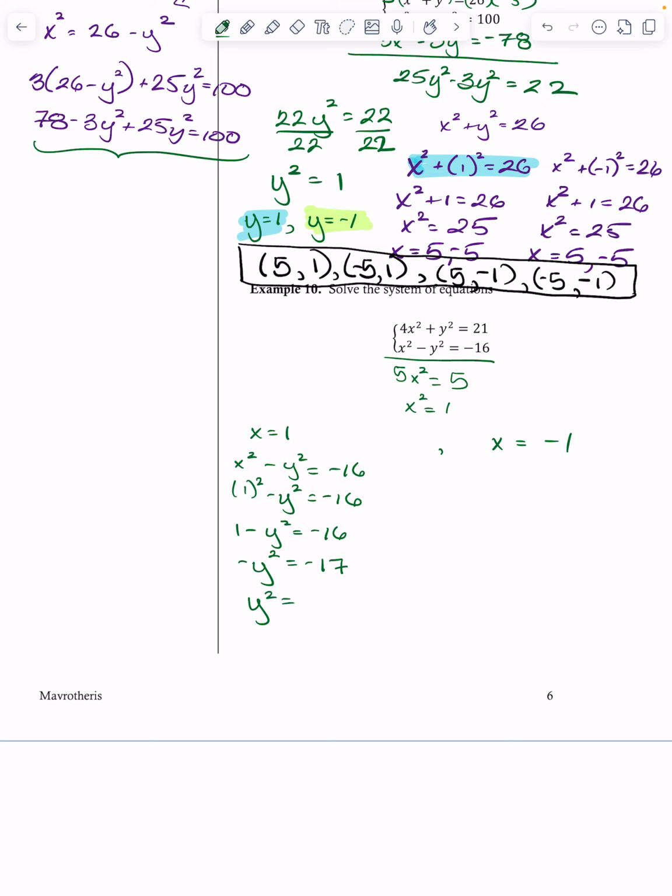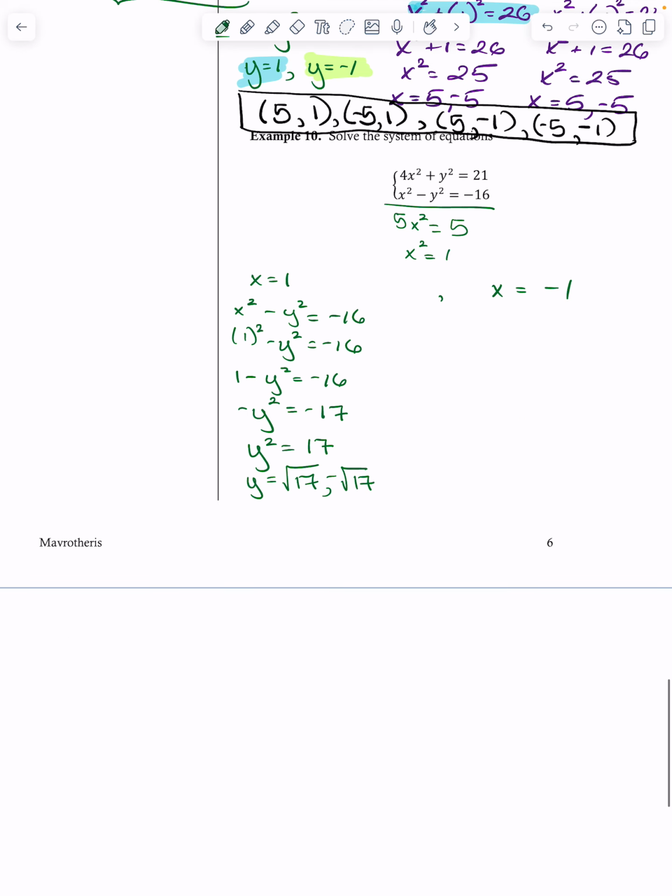So y squared is 17. Y equals either positive square root of 17 or negative square root of 17. If the homework asks for a decimal, that's fine. I'd rather you leave this as an exact, so leaving it as the square root of 17 is perfectly fine with me.